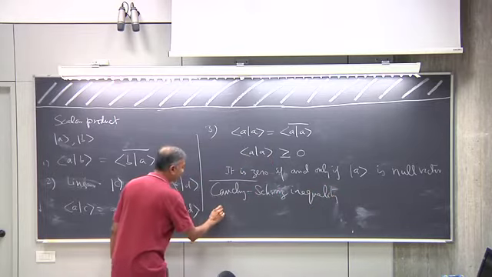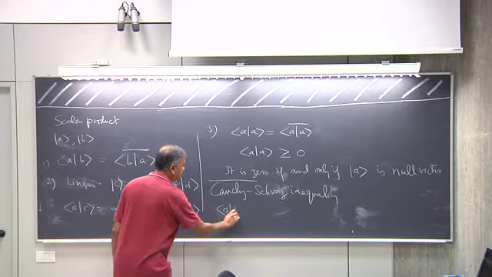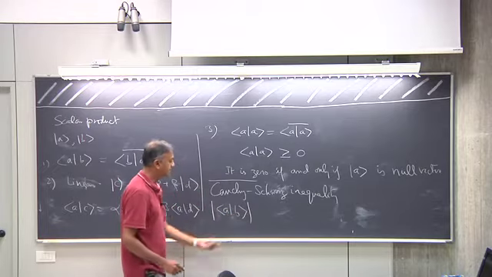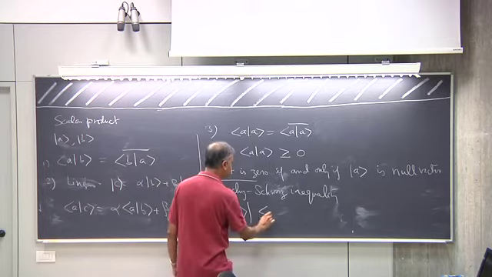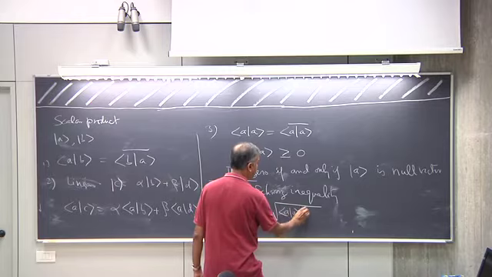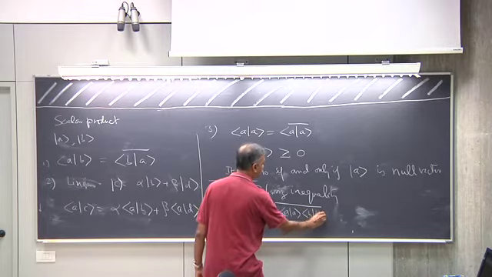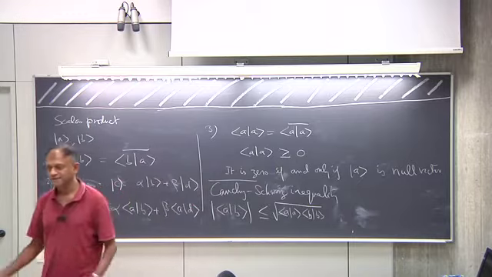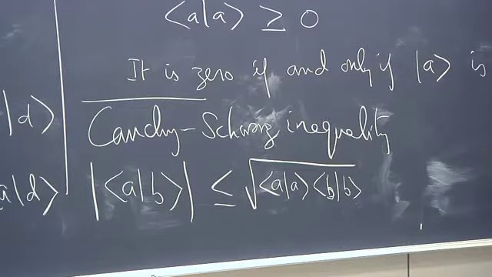Which was a statement that if I give you two vectors A, B, the modulus of the scalar product is less than or equal to the square root of <A|A> times <B|B>. This is the analog of what we are already familiar with in the usual vectors.